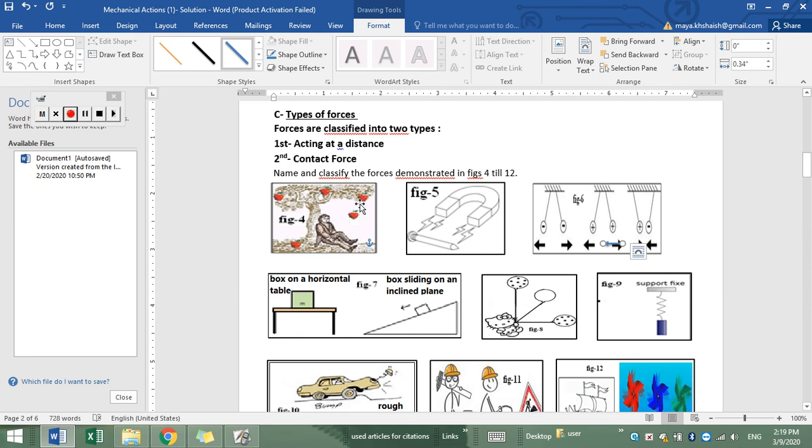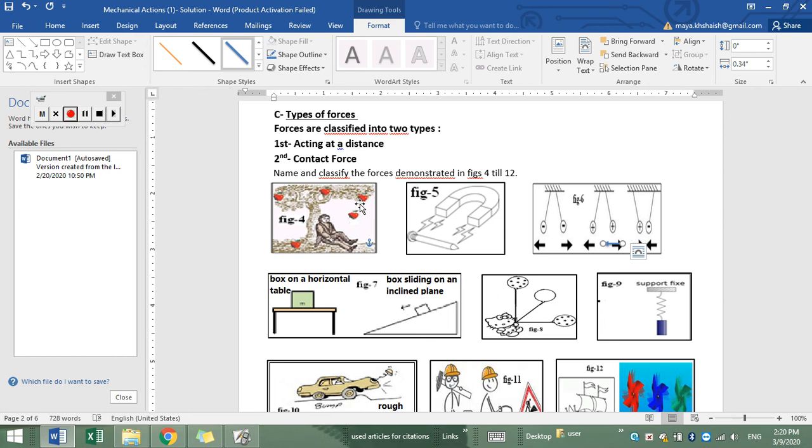Of course not. Still, the earth could pull it downwards. So they are not in contact, they are away from each other at a certain distance, but still the earth exerts a downward gravitational force on it. That's why we classify the gravitational force to be a force acting at a distance.